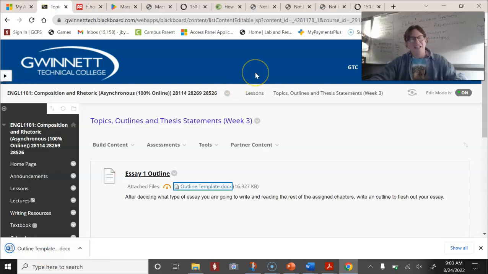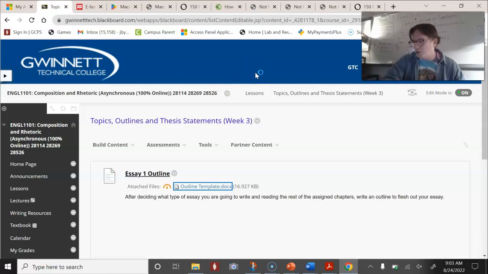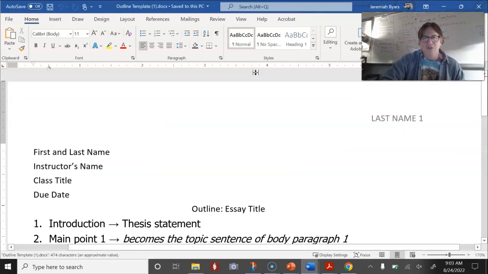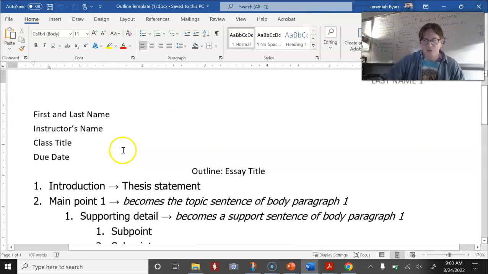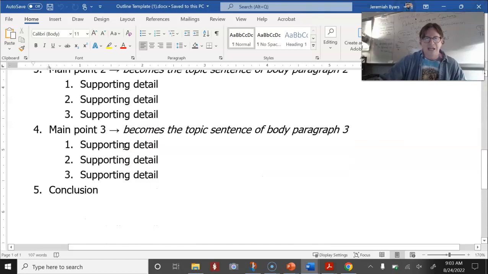I don't want you to use any sources because I haven't taught you about citing sources. And if you incorrectly cite some sources, then I am not going to overlook that. You will get points off for incorrectly citing sources. Okay, so you have to make sure that you don't use any outside sources.